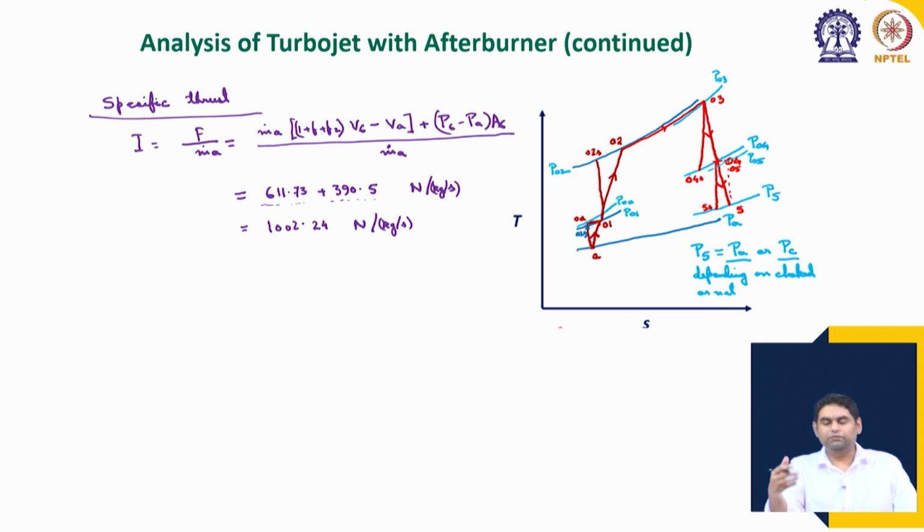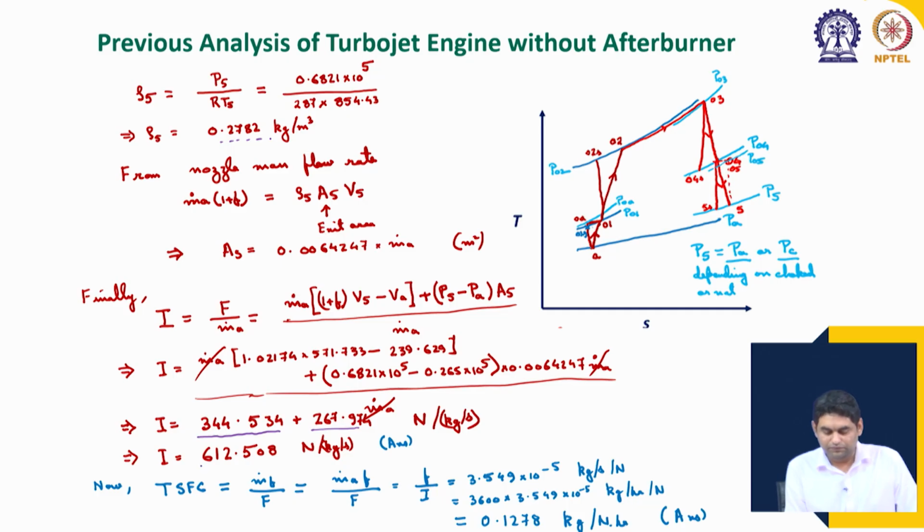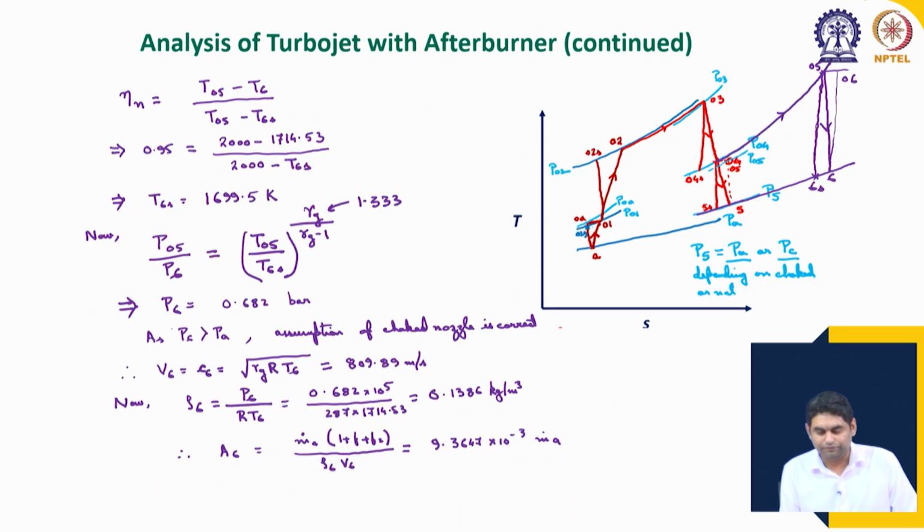Why has this increased? Because of the increase of area, not because of the pressure change. Finally, the total specific thrust is 1002.24, which is much higher than the value of 612 which we had obtained without afterburner. In the same problem, you can consider the afterburner switched off and switched on.